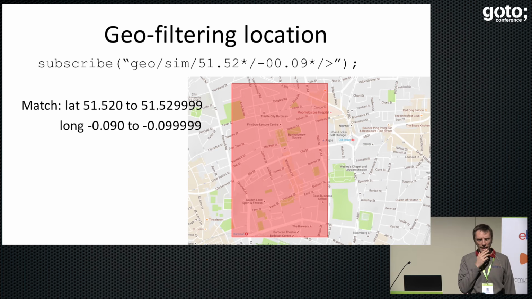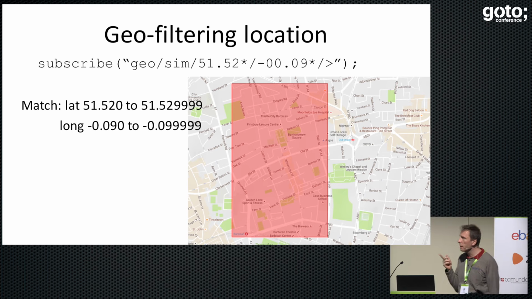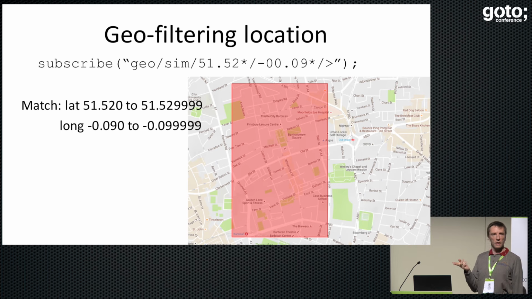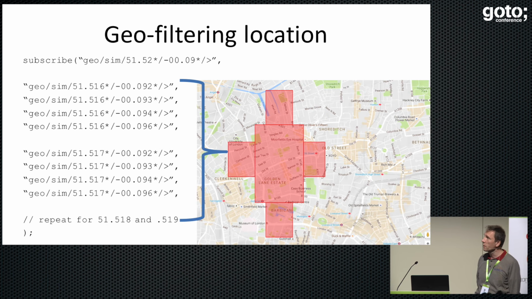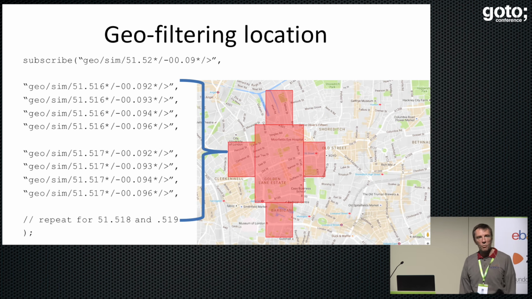Okay, well that gives us rectangles, but we saw a circle earlier. How are we going to do that? Well, if anybody's familiar with Fourier theory, it turns out that any circular shape can be more or less approximated by successive rectangles. So all we do is add increasingly refined rectangles, and we can get just about any shape we want.